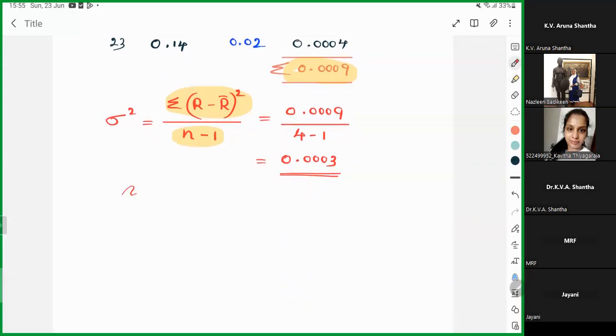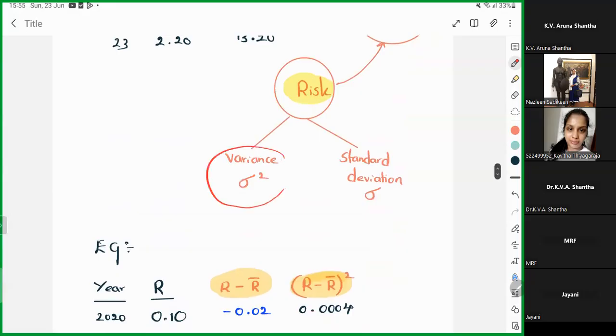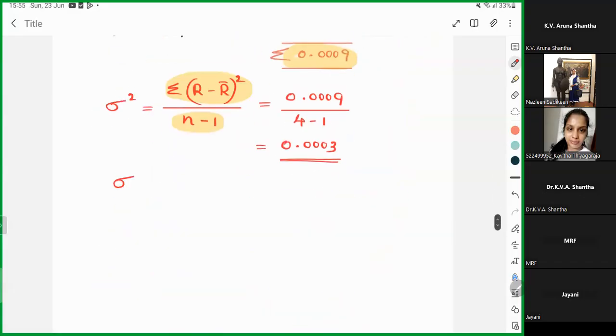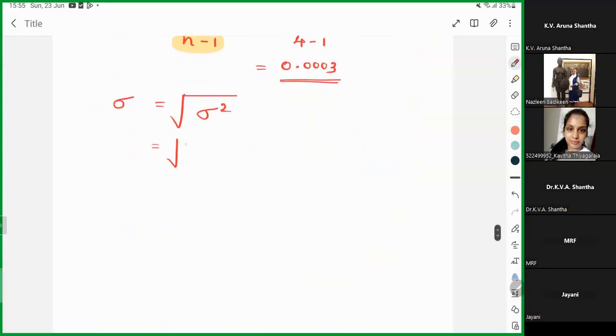Then standard deviation is sigma. You see, variance is sigma squared. Standard deviation is sigma. So sigma equals the square root of the variance. How much is the square root of the variance?